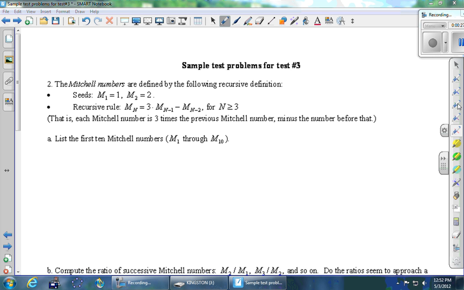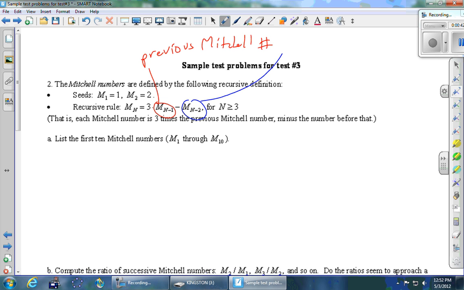So what does this really mean? Well, let's see. Mn minus 1 refers to the previous Mitchell number. And Mn minus 2 refers to the Mitchell number before that.